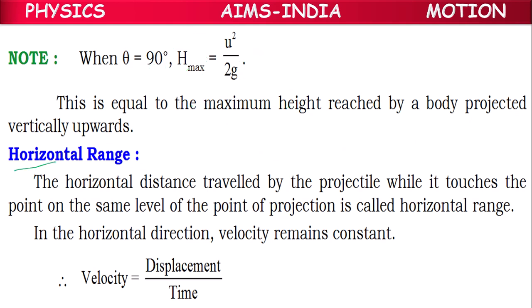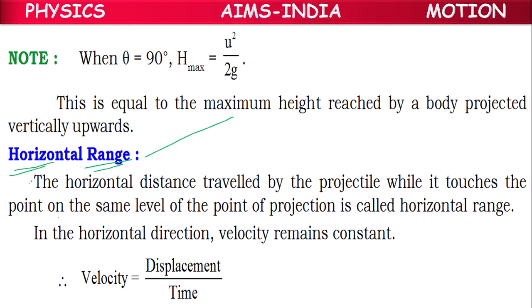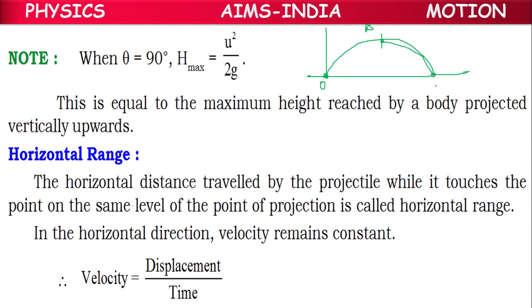Next, another equation we have to find, which is horizontal range. Suppose this is the projectile. From the point O, we have thrown the projectile, it has reached A, maximum height. From there again it came back to B, to the ground.